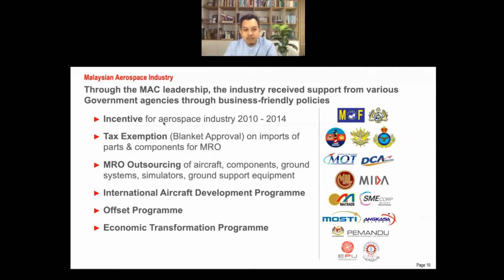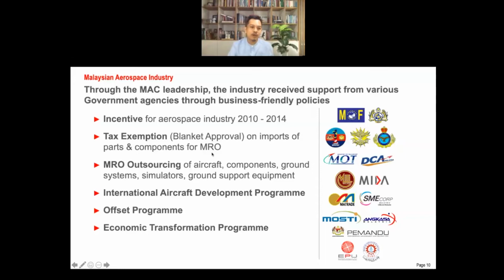It was implemented from 2010 until 2014, which resulted in new investment coming in for aerospace. At the same time, what the government has already implemented is tax exemption, blanket approval on imports of parts and components for MRO.